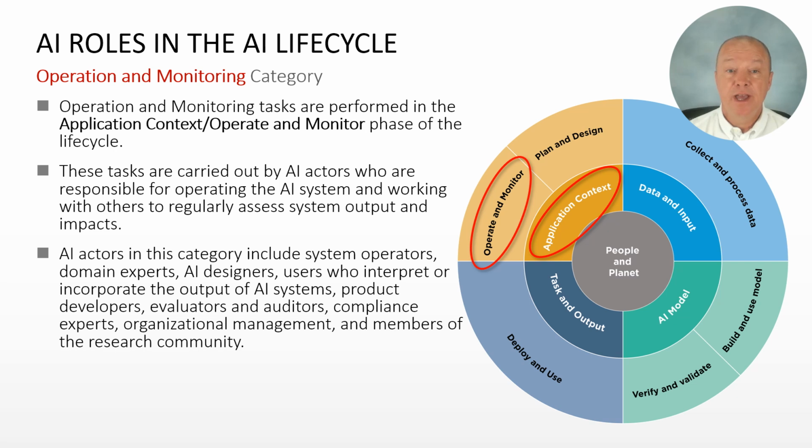AI actors in this category include system operators, domain experts, AI designers, users who interpret or incorporate the output of AI systems, product developers, evaluators, and auditors, compliance experts, organizational management, and members of the research community at large.